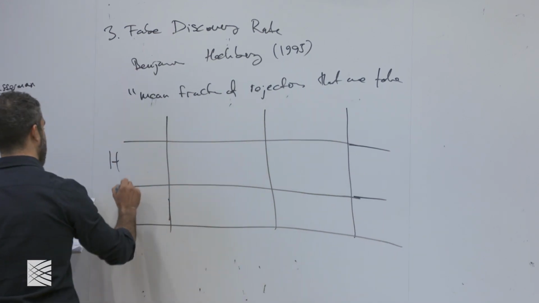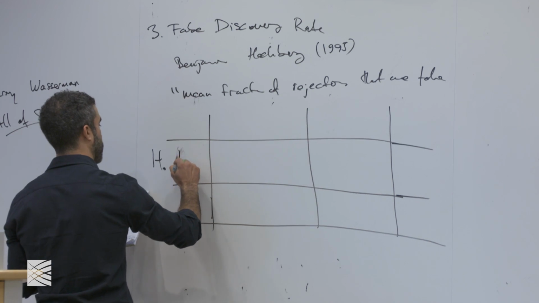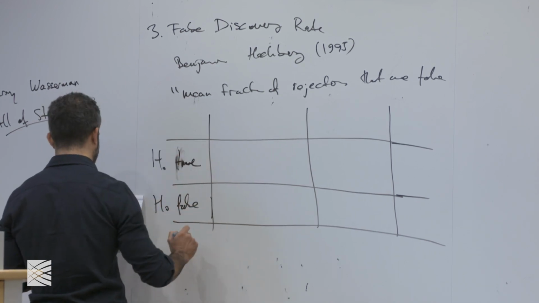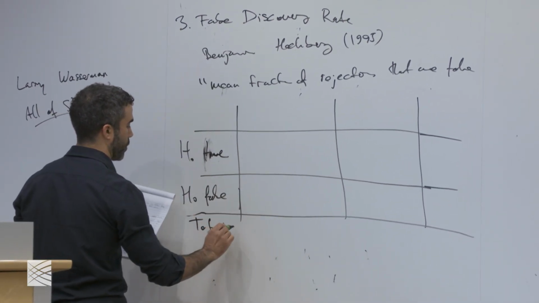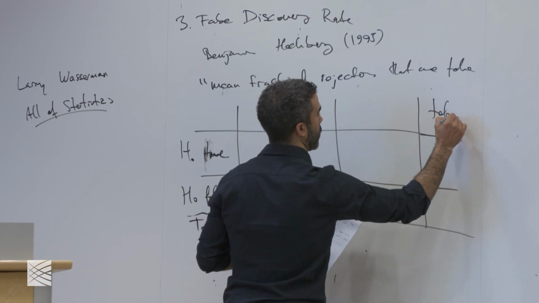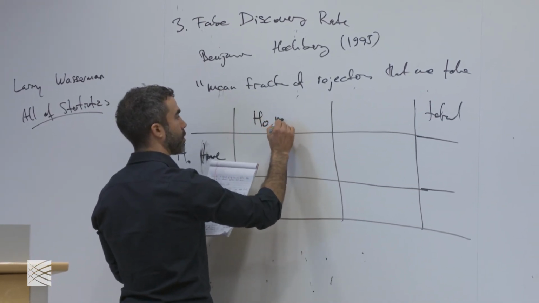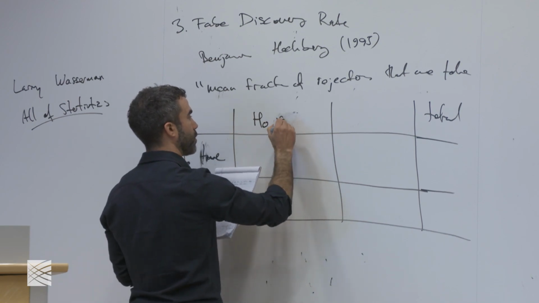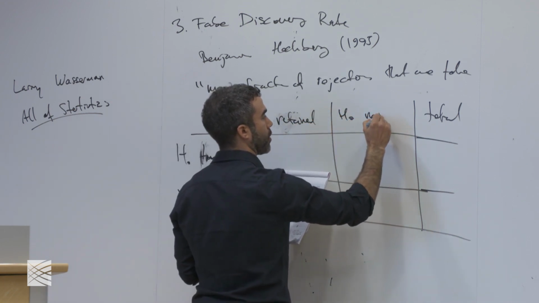And I have the true null, the null is false, this is the alternative is true, column for the total here, total, and then this is the case where you reject. Sorry, let's start with retained, and then rejected.